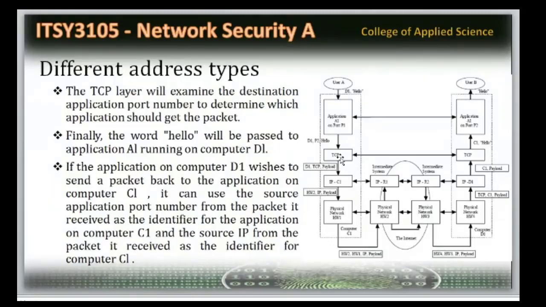Source port number and destination port number will be available. I'm going to call it a segment. Then it goes to the next layer, the IP layer. In the IP layer, I'm going to add another header, that is an IP header. In the IP header, source IP address and destination IP address will be available.